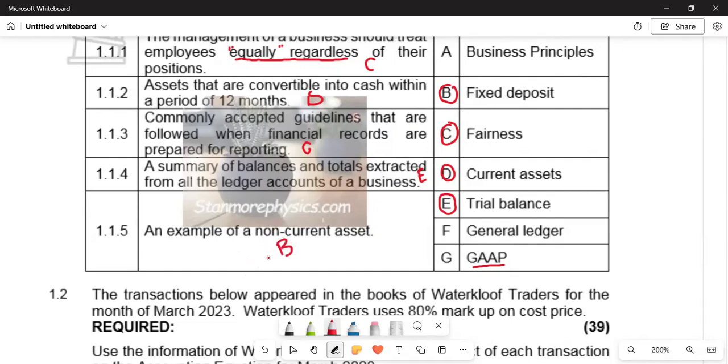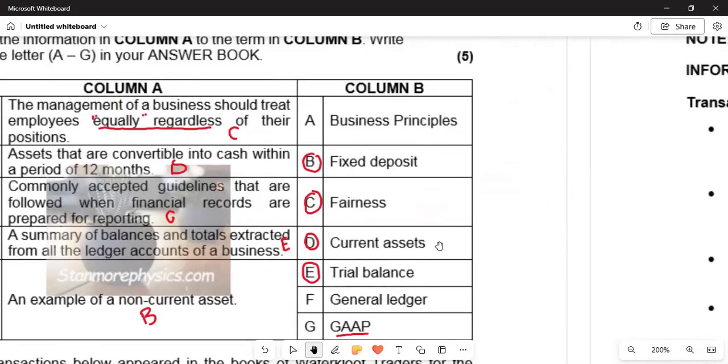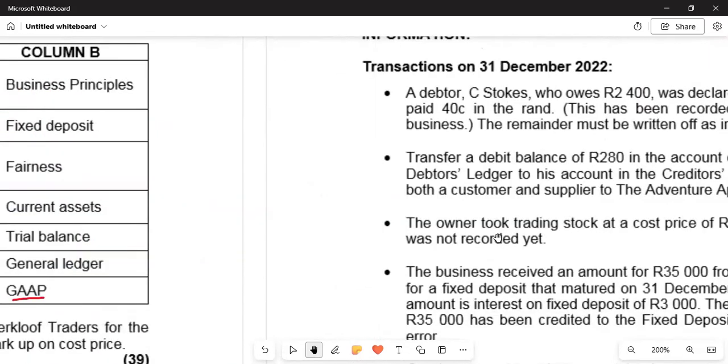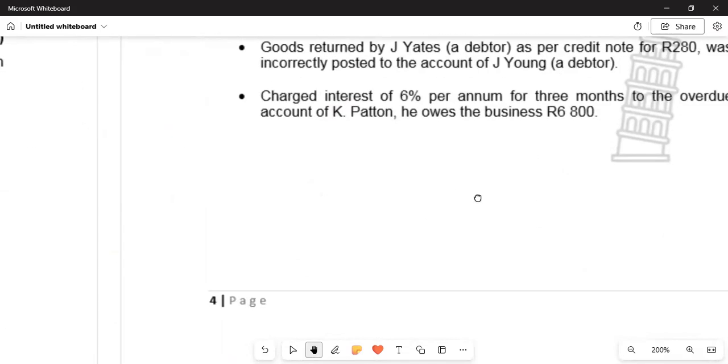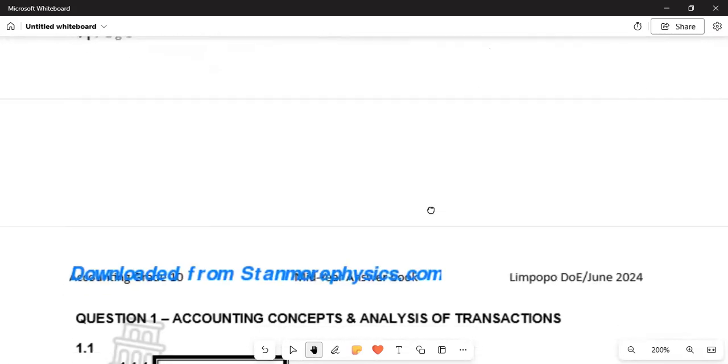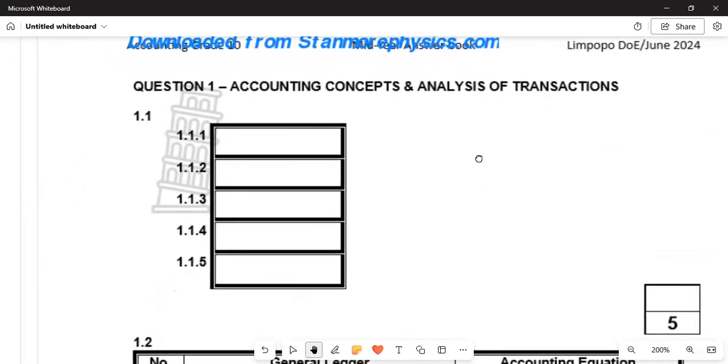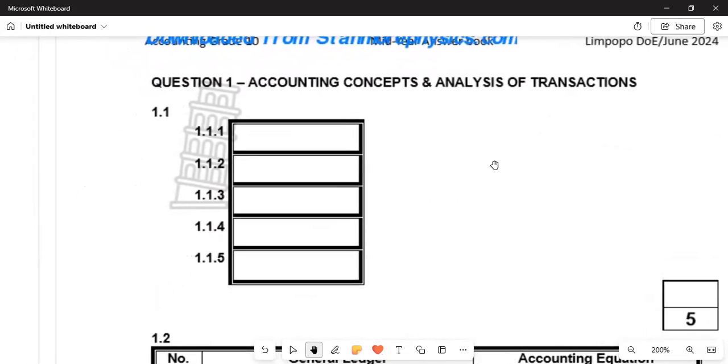This is how you were to answer the matching question. Here is our answer book.